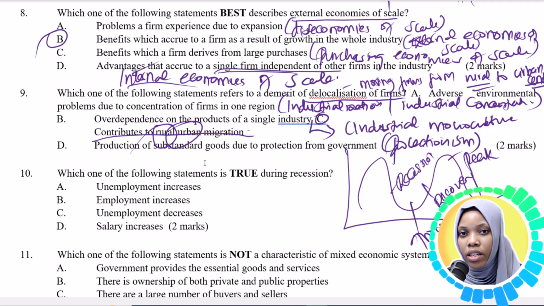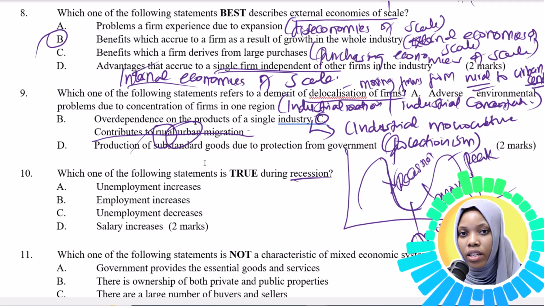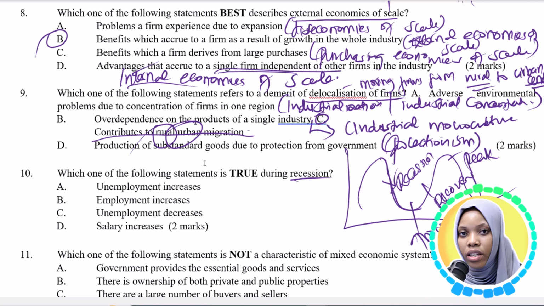So we are required to talk about recession. Choice A is unemployment increases. Choice B, employment increases. Choice C, unemployment decreases. And choice D, salary increases.